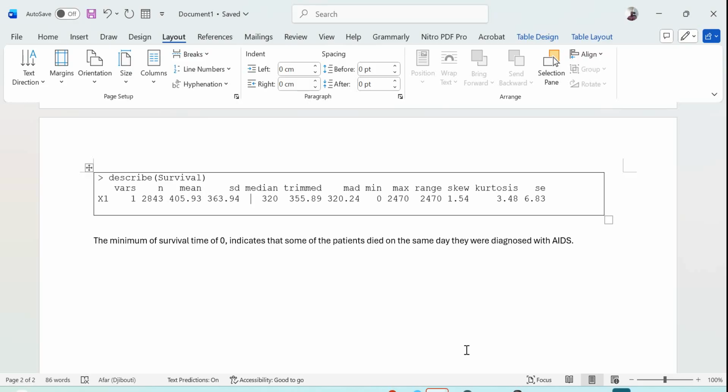Good. What does that mean? And there are outliers. Good. Outliers. And which kind of outliers? It's a long tail. Yes. Is it positive, negative skewed or what?